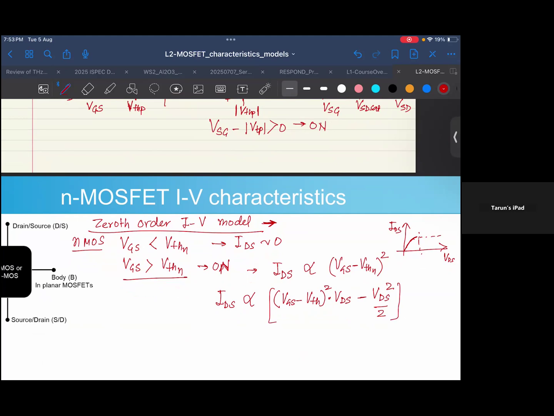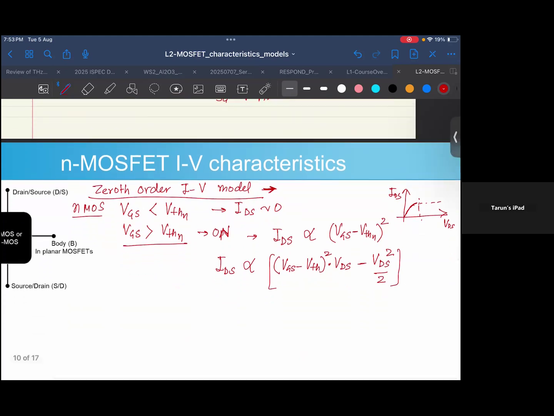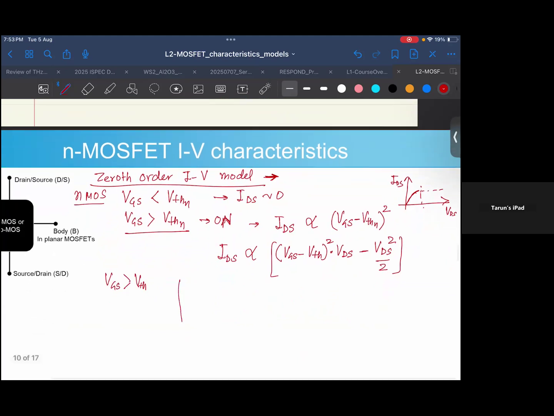So now you would see, if you were to plot this for a curve where VGS is greater than VTH, IDS versus VDS, what we would see is this is your IDS and this is your VDS, right?